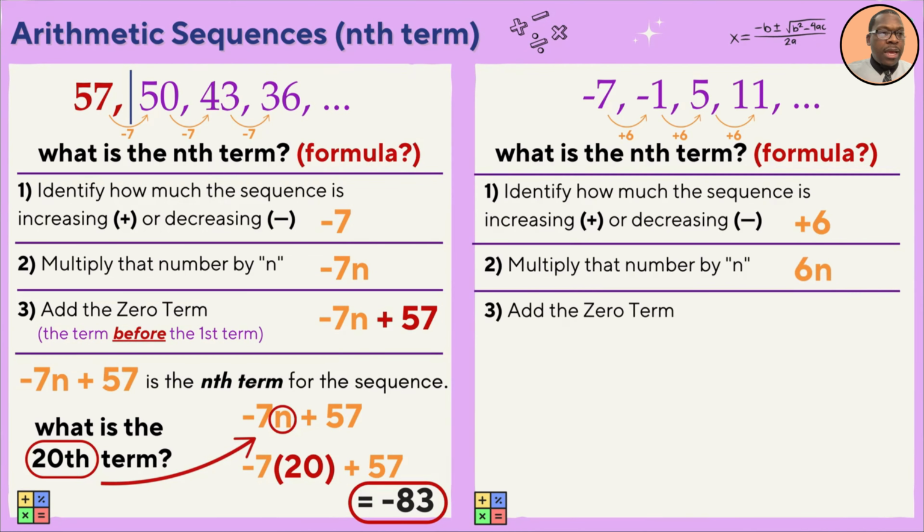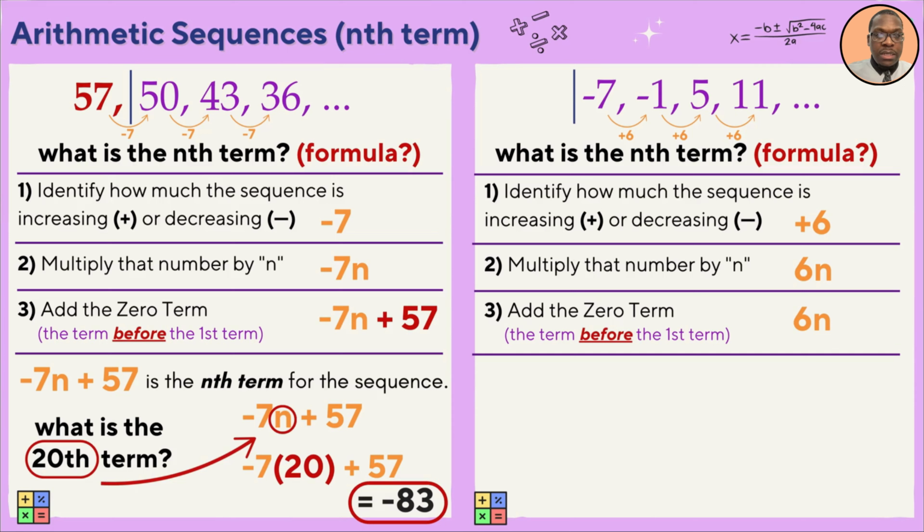Third step, add the zero term, meaning what number could you put in front of negative 7 that would fit the same pattern? Now, you're going to be working with negatives, so you have to definitely put on your thinking cap. But you have to ask yourself, what number, based on the pattern, would go in front of negative 7? We already have 6n, so we just need to see what goes in front of negative 7 that follows the pattern of plus 6. What number plus 6 would have given us negative 7?